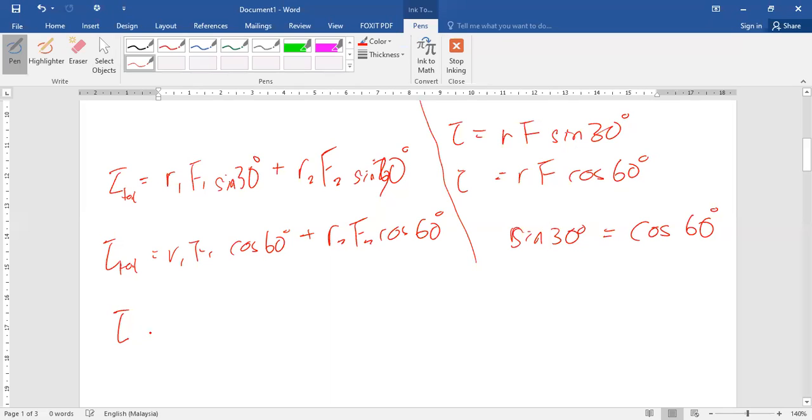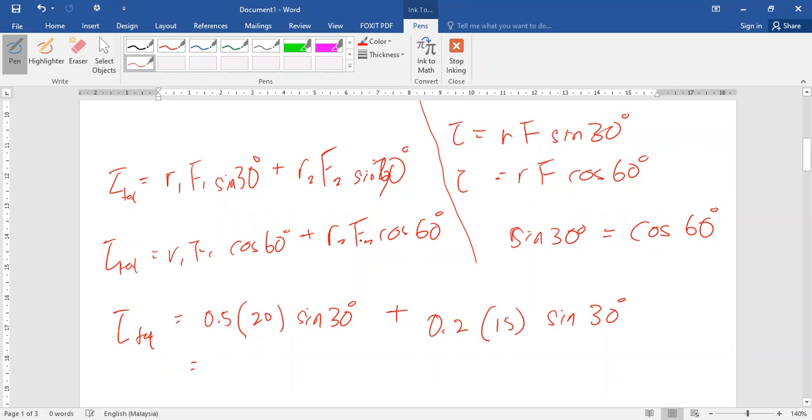So that means total torque, let's say I use the sin 30. R1 will be equal to 0.5 times F1 is 20 Newton sin 30 degree plus R2 is equal to 0.2 times 15 sin 30.